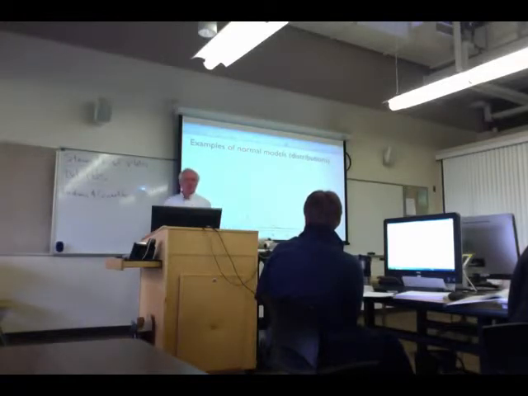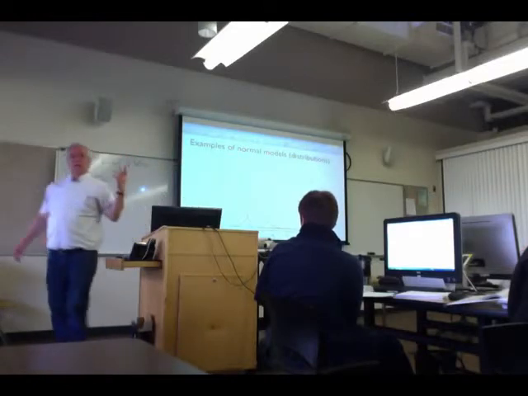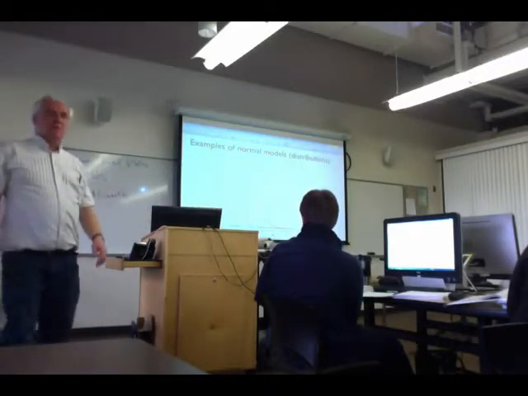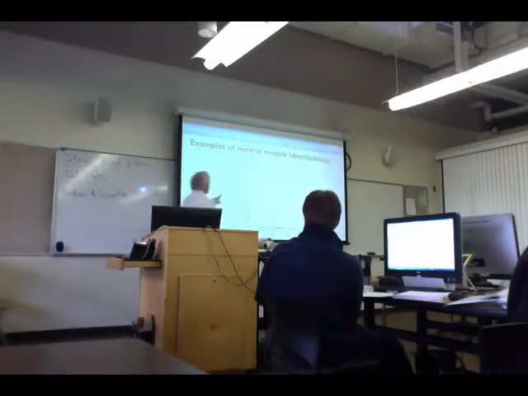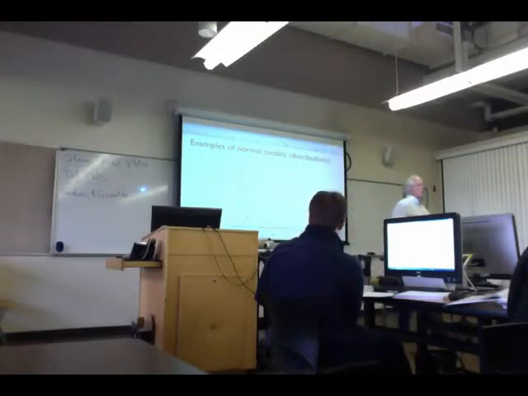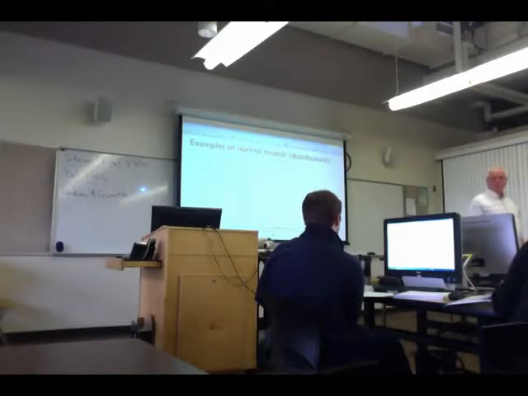Now these are just 3 examples out of an infinite number of possibilities. The first number, mu, can be either positive or negative. The second number, sigma, must always be a positive number. Okay.